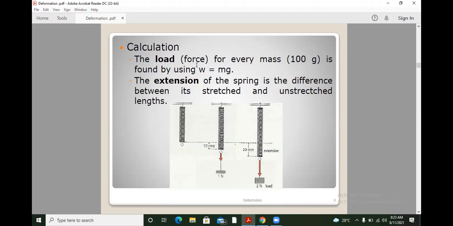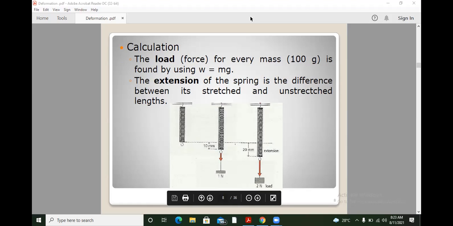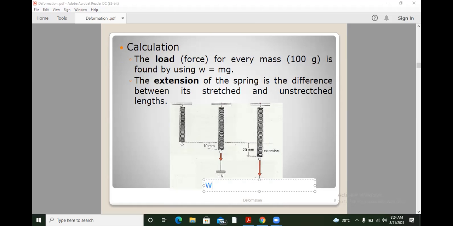So actually this load is acting like a force because you know that the force here is because of the weight, and weight is equal to force. The downward force here is the weight of the mass you are attaching, right?